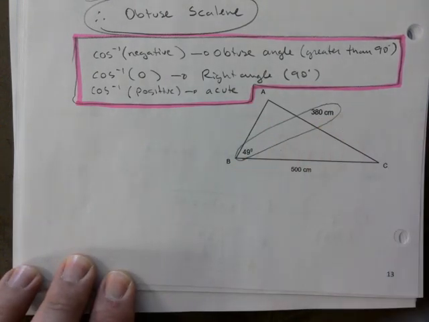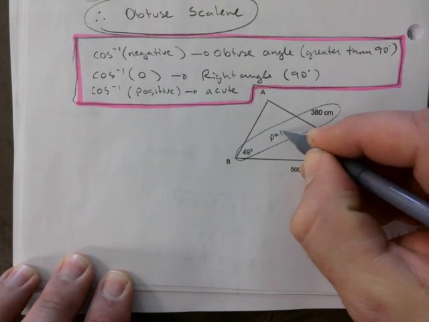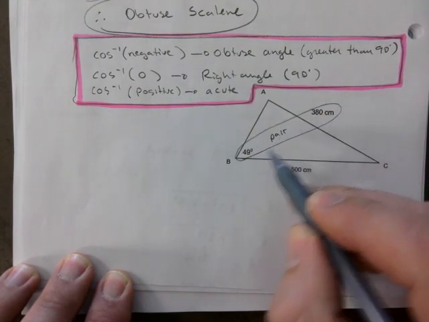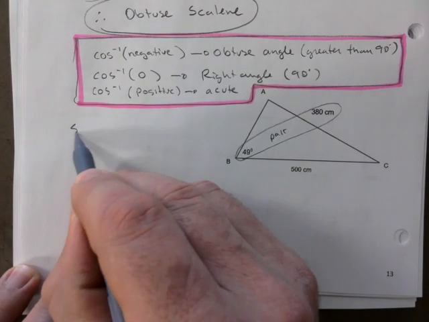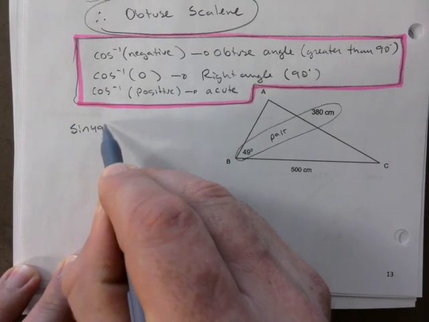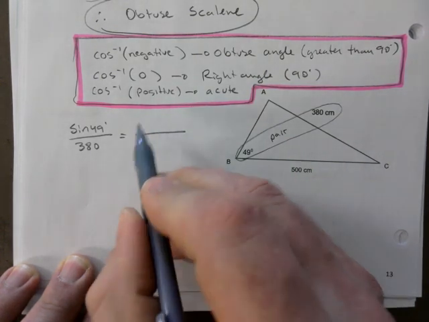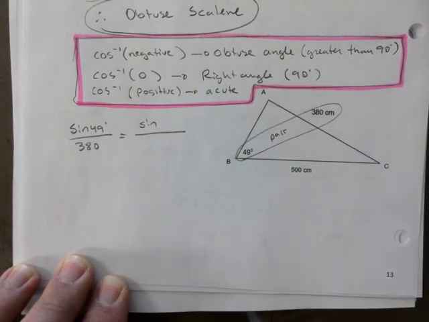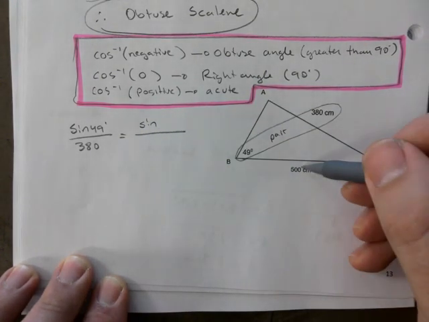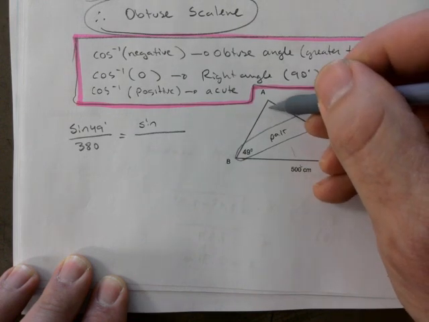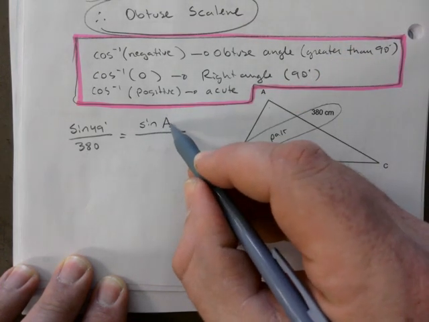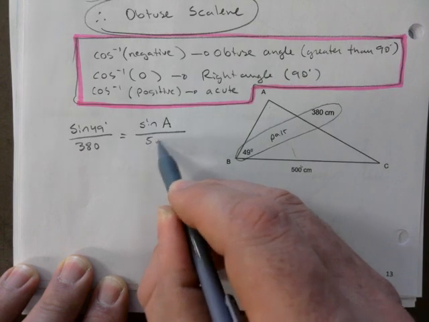So you see that pair? What does that mean? If you have a pair, you use sine law, right? Sine of 49 over 380. And then it's sine of which angle can you solve for given this side? Sine of A, right? Over 500.